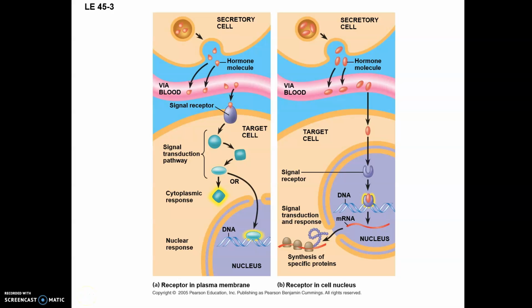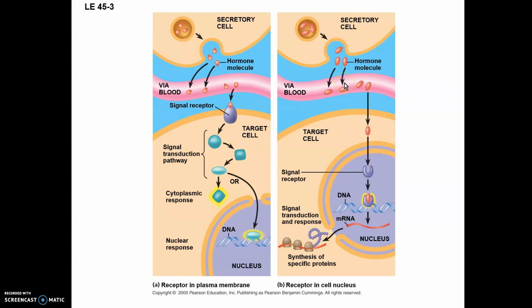So as a review from our last lecture, you have a hormone that is amine or peptide based that's going to bind to the outside of the cell membrane to a signal receptor. Your signal transduction reaction will have this cyclic amplification process and then some kind of response.